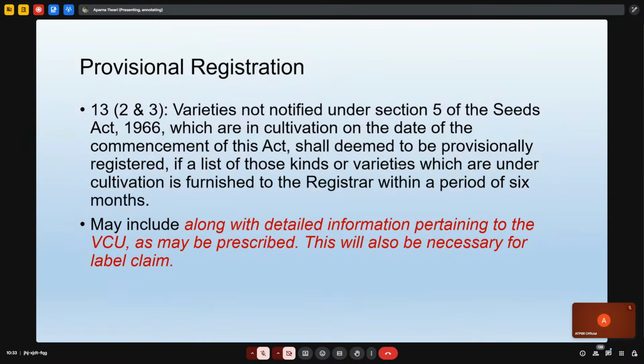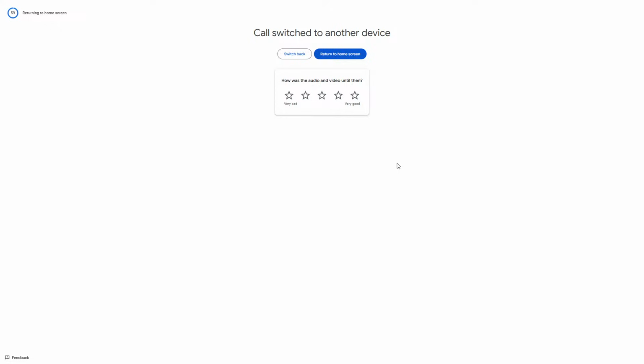Of course, all varieties notified under Section 5 of the Seeds Act will be considered as registered. But even besides those, the varieties which are already in cultivation can be submitted for registration within a period of 6 months.